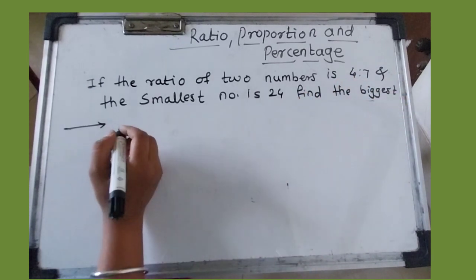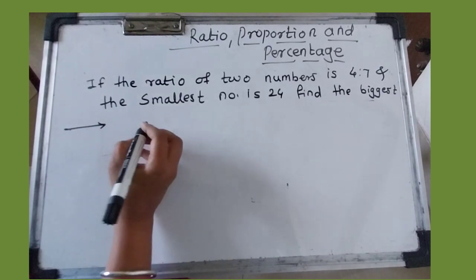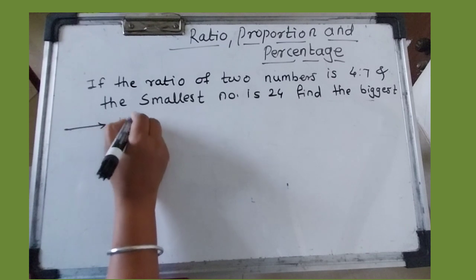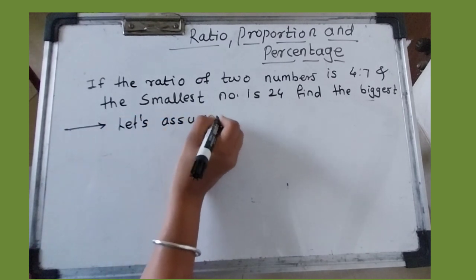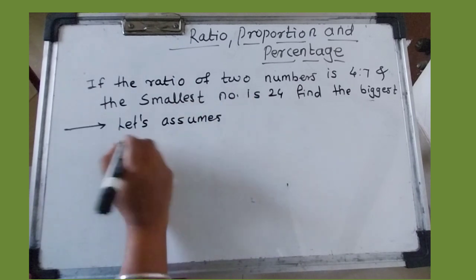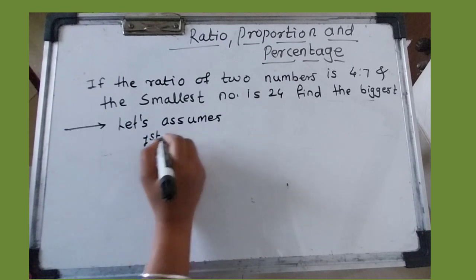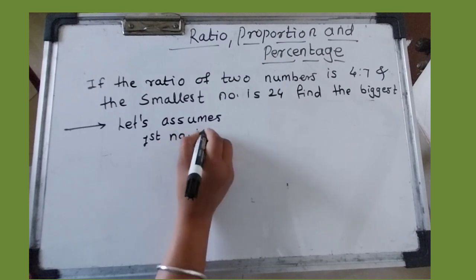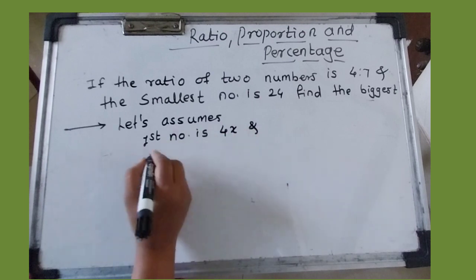So let us assume the numbers, first number, I write shortcut, you don't use the shortcuts. First number is 4x and second number is 7x.